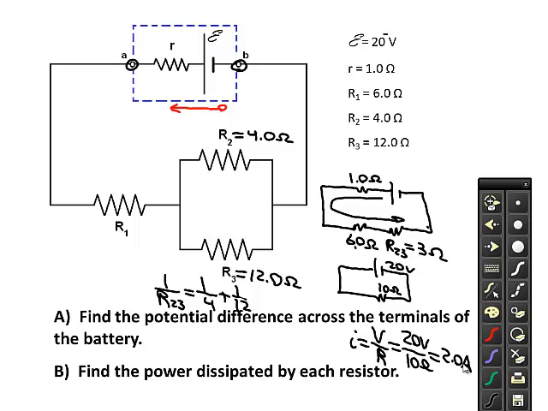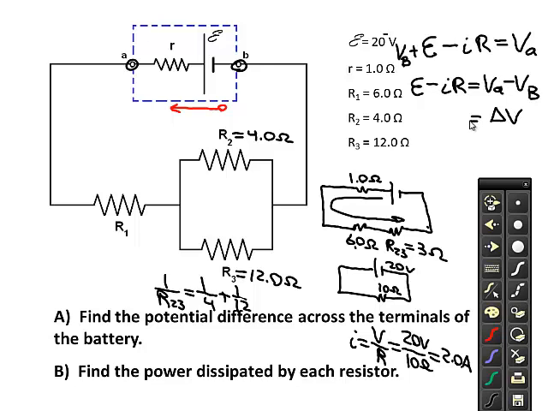So now we can answer part A, the potential difference across the terminals of the battery. I'm going to start at B, actually, and say, all right, I've got E minus IR. If you want to include VB and VA, be my guest, but what we're going to end up with is E minus IR equals VA minus VB, which is that potential difference we're after.